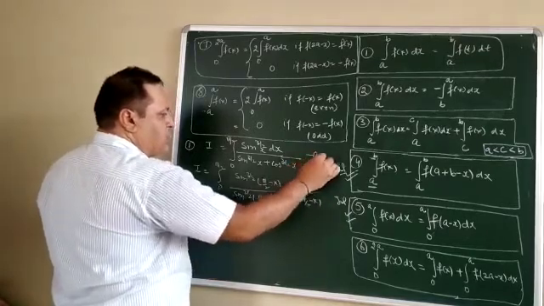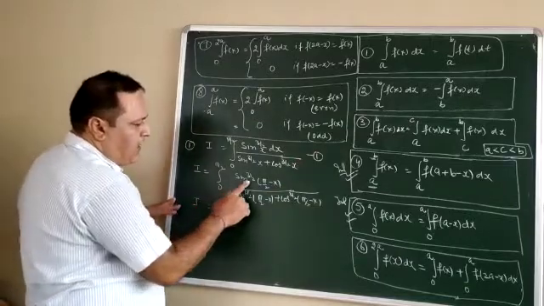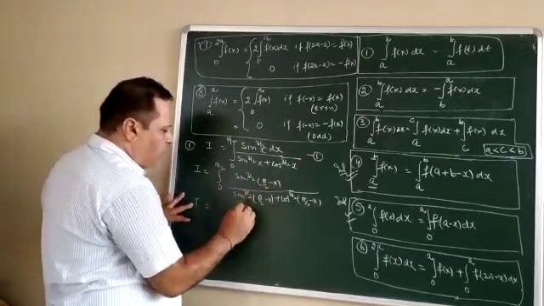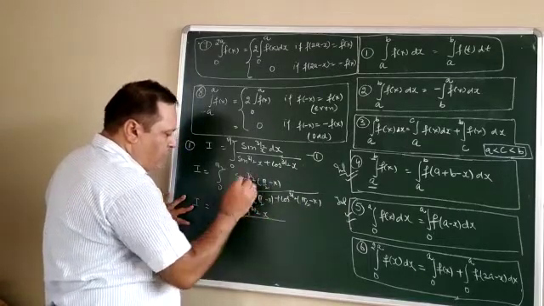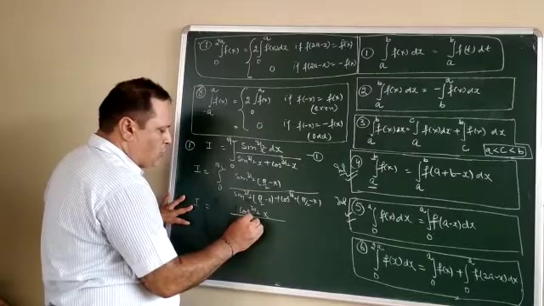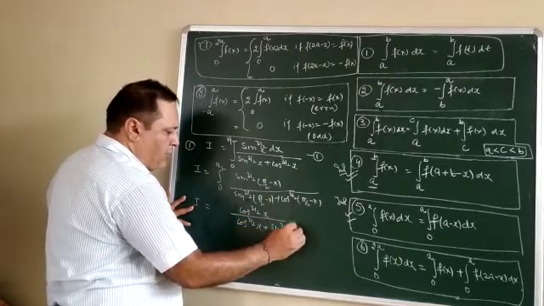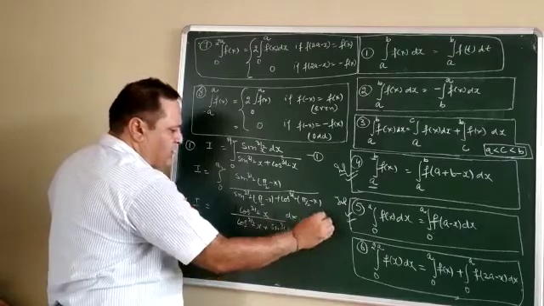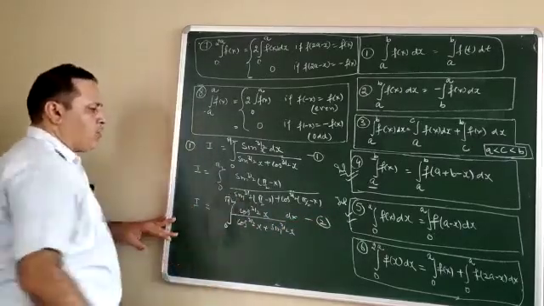So this is equation number 1. Now see this one, after applying the property sine (90 minus theta) equals cos theta, it is cos 3 by 2x upon cos 3 by 2x plus sine 3 by 2x, along with dx. It is equation number 2, from 0 to pi by 2.